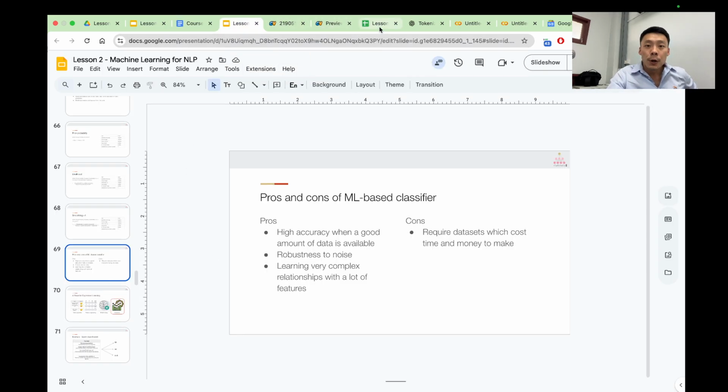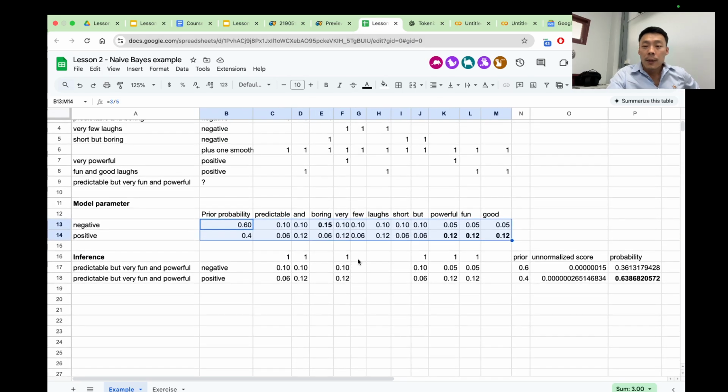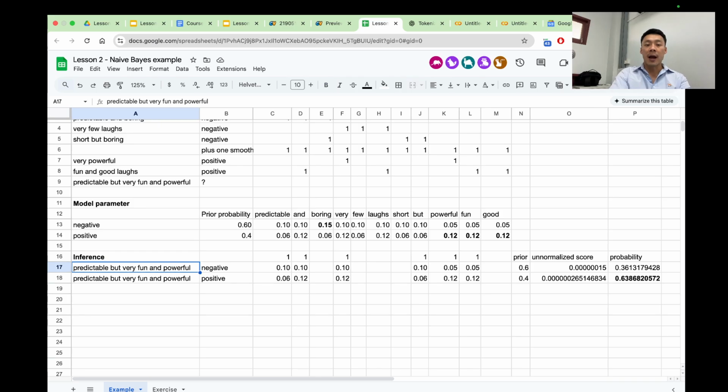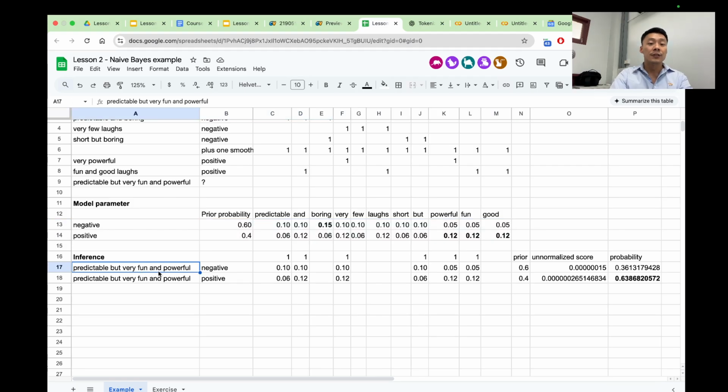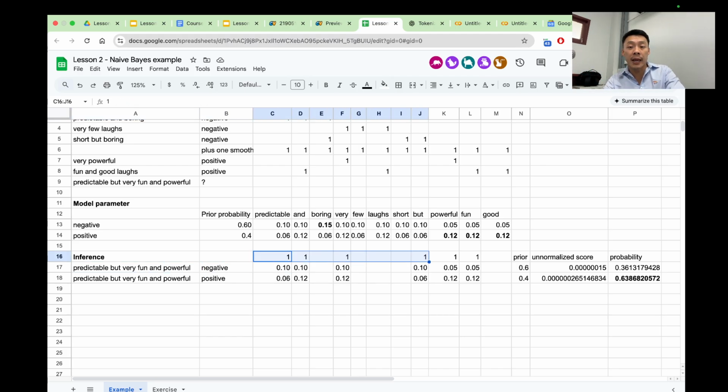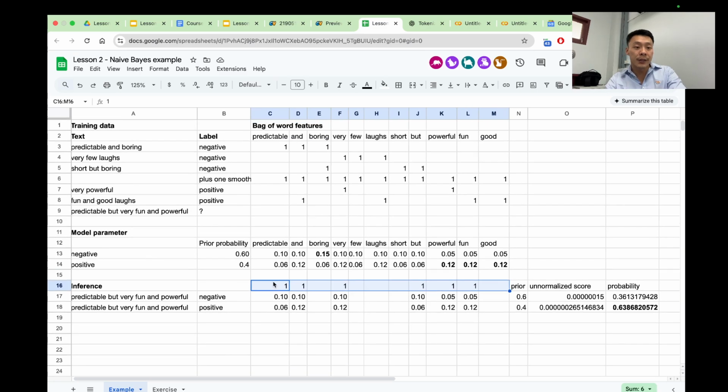Here comes the inference time. Suppose I already trained the model for you, and it looks something like this. When you want to use it, say you have a new sentence that says predictable but very fun and powerful. When you run the inference, same idea: you turn the text into a feature vector, which is this thing. Predictable appears once, but appears once, very appears once, and so on.